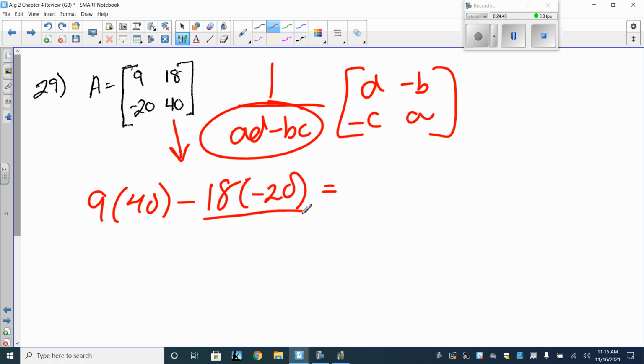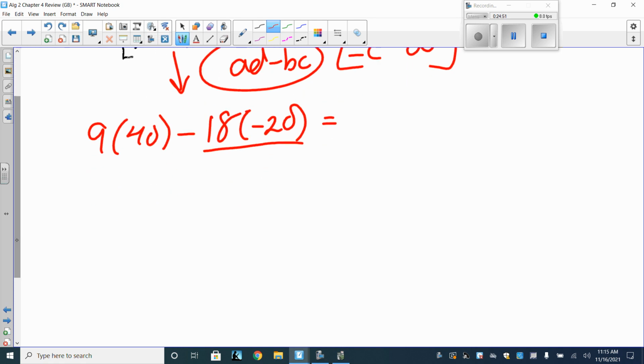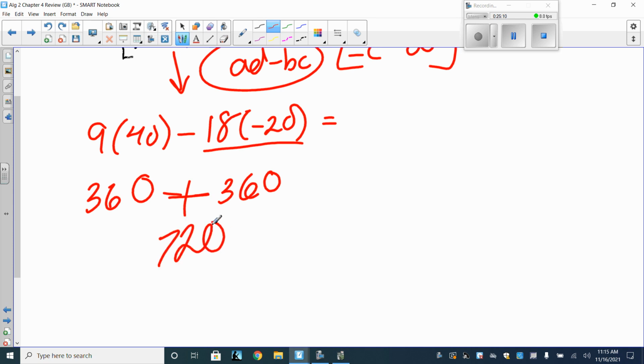Here, it is going to change, because these two numbers, when I multiply them together, are going to be what? Negative. Because when we subtract a negative, the sign will change from negative to positive. So here, just checking to see if it does have an inverse, 9 times 40 is going to be 360, minus 18 times negative 20, which would be negative, and the negative and negative would make a positive 720.